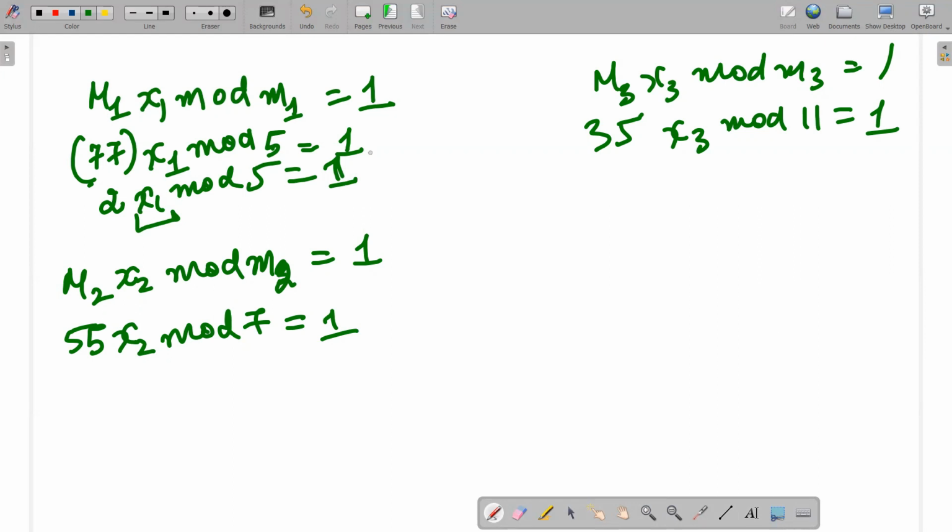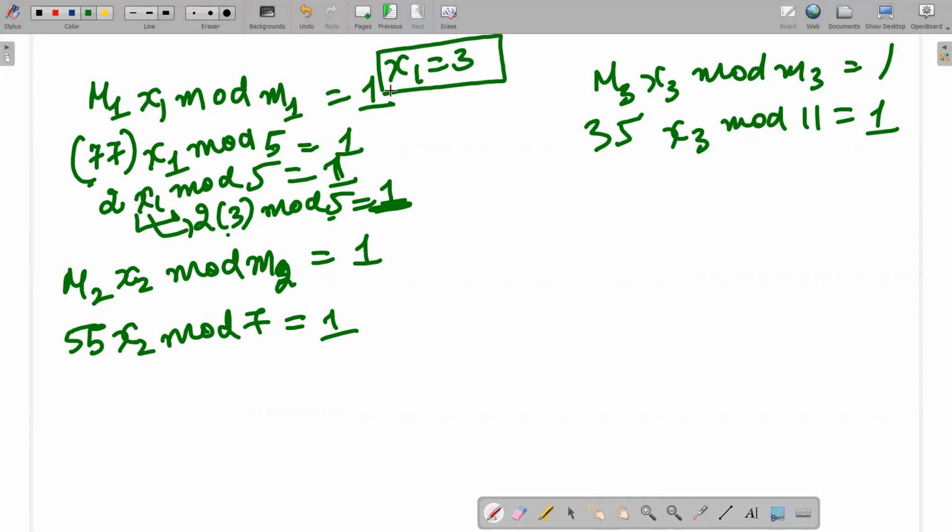If I put x1 equal to 2, 4 mod 5 is 4. If I put x1 equal to 3, then 2 multiplied by 3 mod 5, which is 6 mod 5, the answer is 1. It means your x1 value is 3.